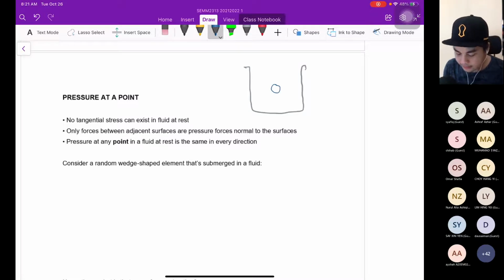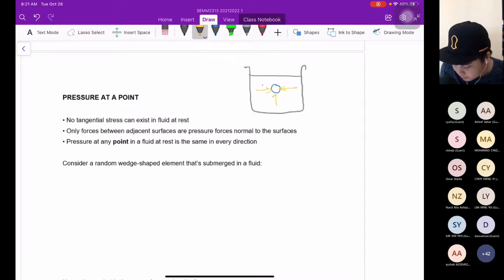Since there is no motion at all, only the pressure normal to the force exists. No shearing stress. Only this one, perpendicular. So the pressure at any point in a fluid at rest is the same in every direction.